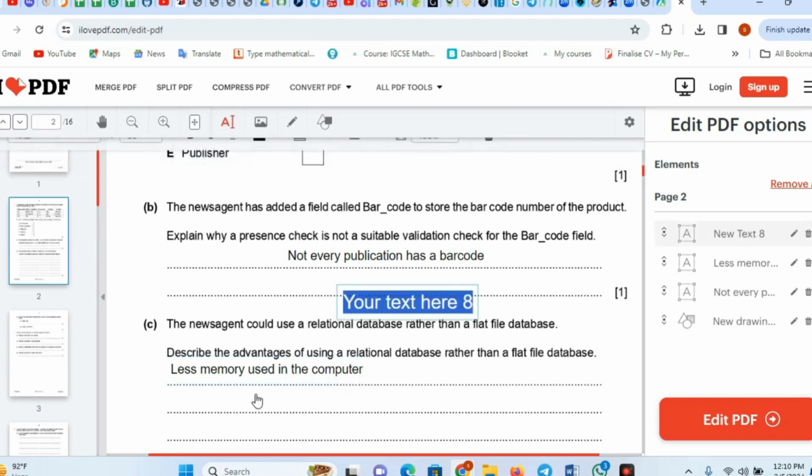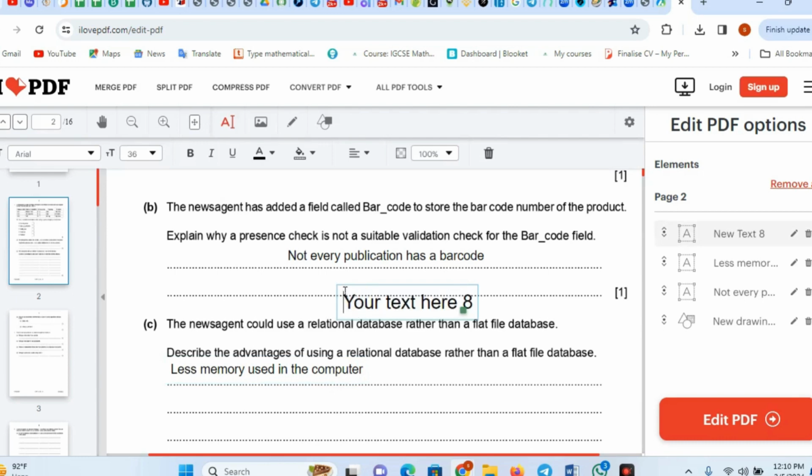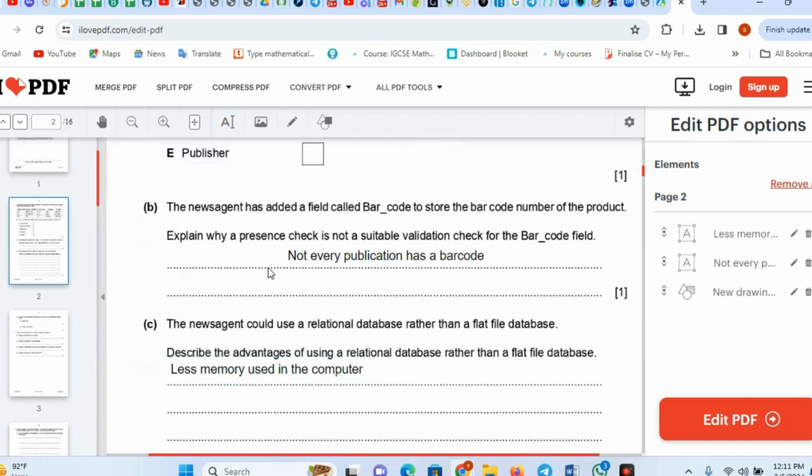Number 2 is it uses data integrity, which means there are no discrepancies in your answer.